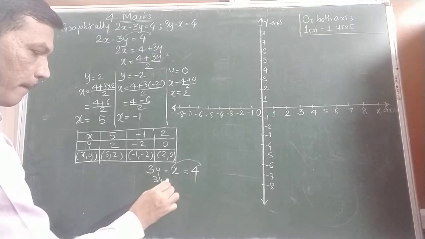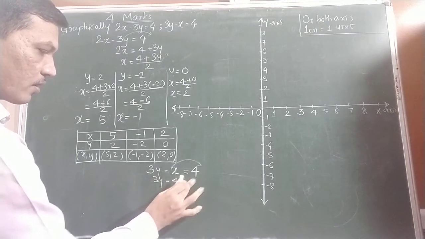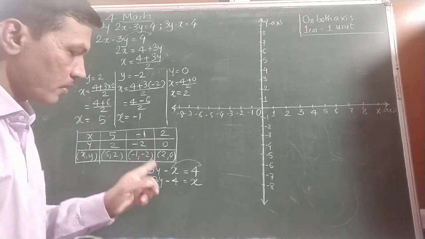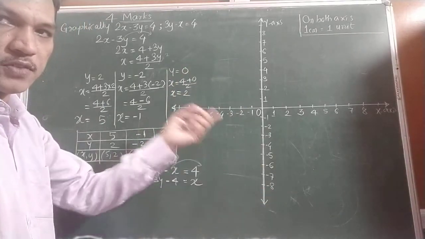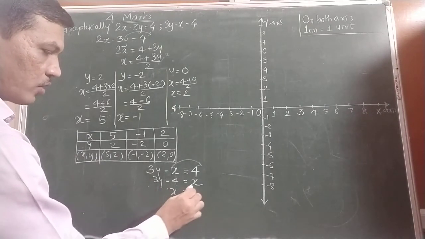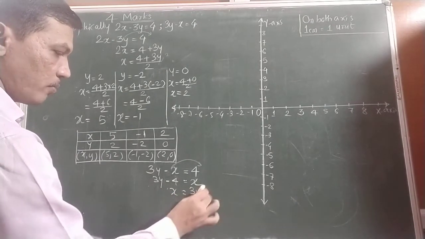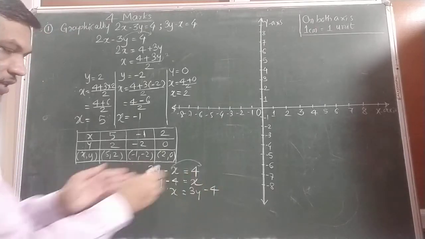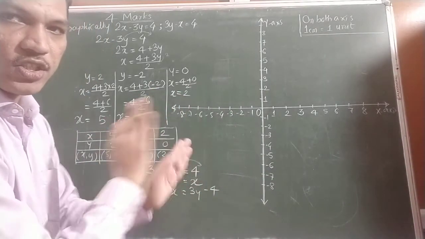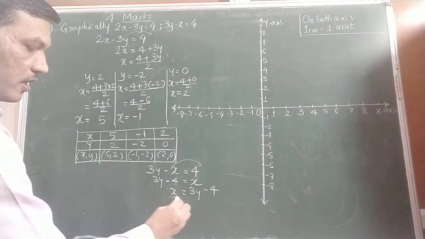So 3y minus 4 is equal to x. Right? Minus that side, plus 4 this side. So my equation becomes x is equal to 3y minus 4. I am changing both sides, x this side, y that side. While changing both sides, no sign change. Okay, this is my equation.